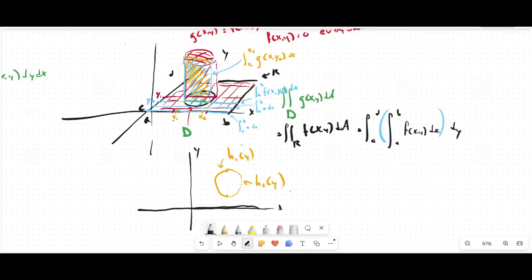And instead of integrating from a, well, there was one smaller zero, let's just put C there and D there.